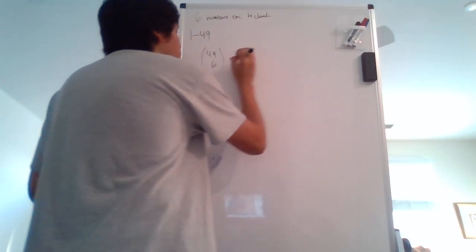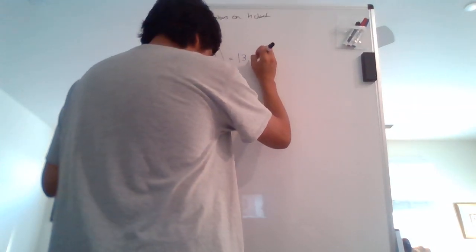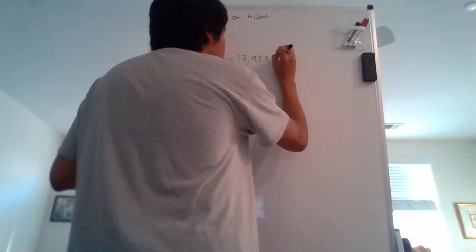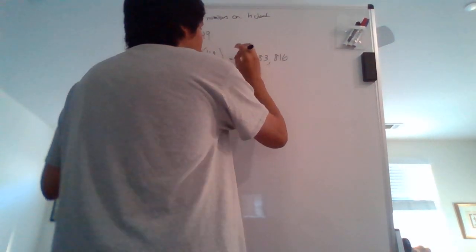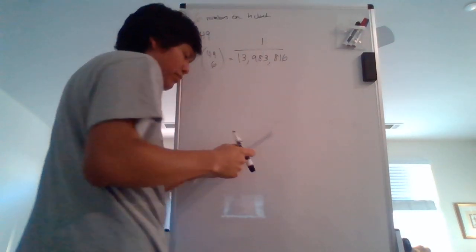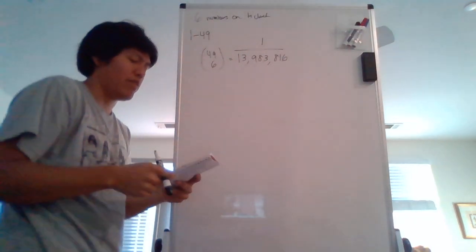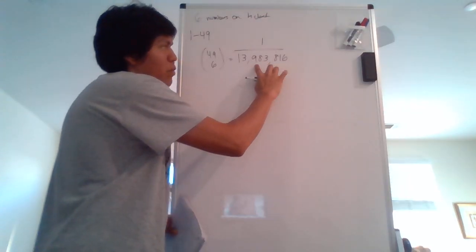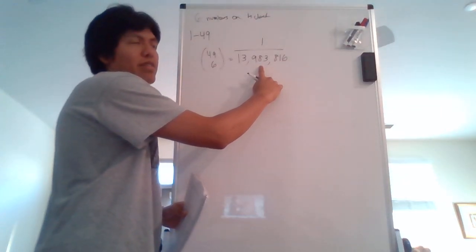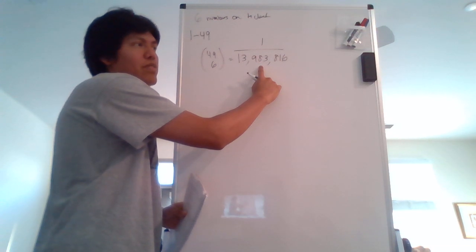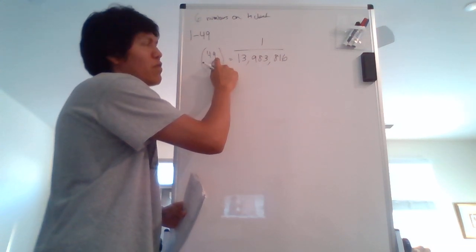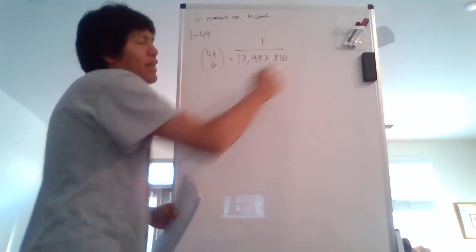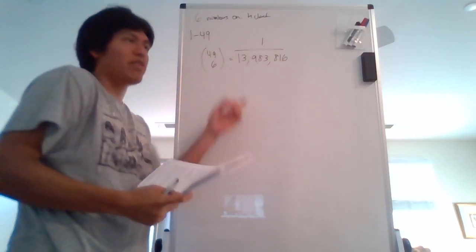Which is equal to 13,983,816, or rather 1 over that, right? This is how many total possible 6-number combinations using the numbers 1 through 49 we can have, but only one of them is the winner. So 1 over that is the probability of winning this lottery.